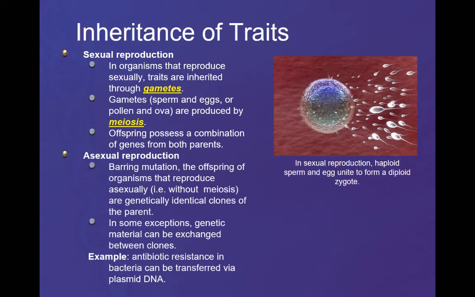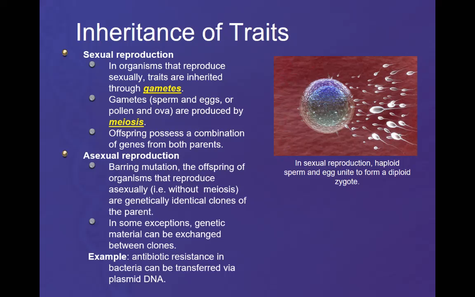This is not necessarily true with asexual reproduction, because in asexual reproduction, there's not this mixing of the traits of mom and dad. It's an exact copy of the original DNA, barring some mutation. There is no meiosis. We're simply going to do mitosis to produce an identical clone.